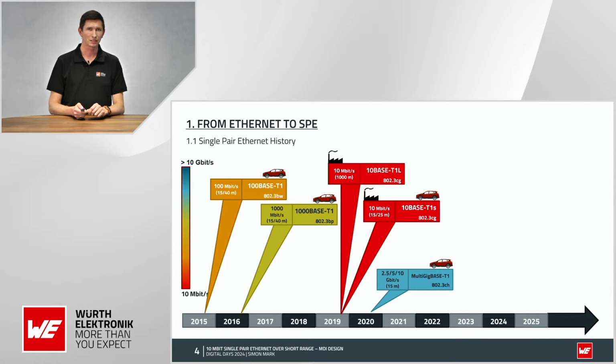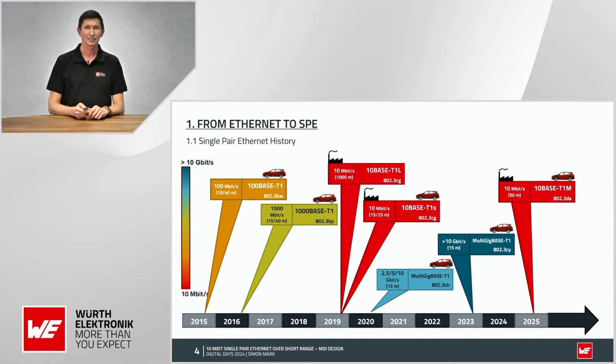This was not the last standardization. In 2020, the standardization for multi-gigabit single pair Ethernet finished. Then in 2023, last year, was the finalization for more than 10 gigabit single pair Ethernet, and next year, hopefully, the standardization for multi-drop single pair Ethernet for 10 megabit should be finished.